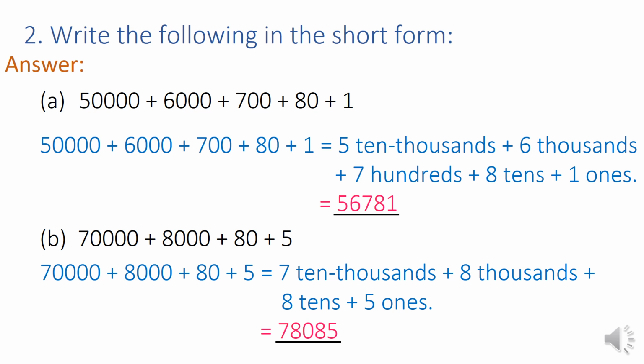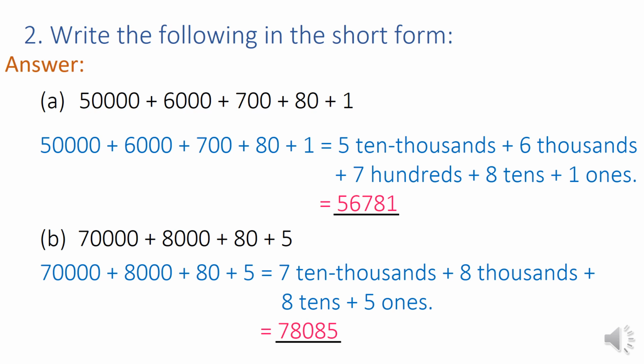So 50,000 plus 6,000 plus 700 plus 80 plus 1 can be written as 5 10,000s plus 6,000s plus 700s plus 8 tens plus 1 one.